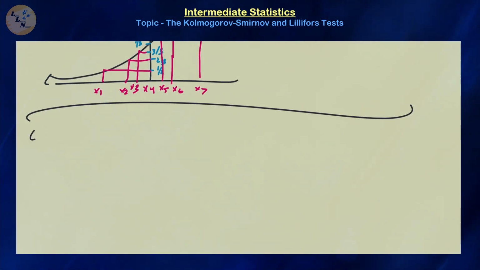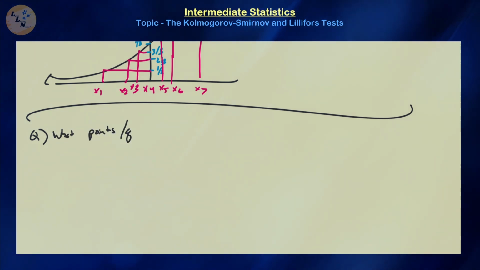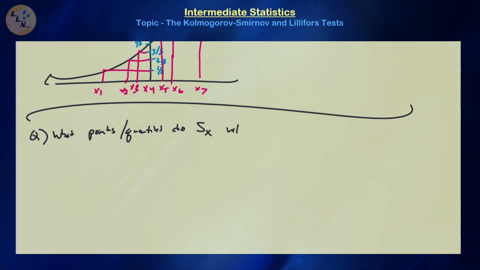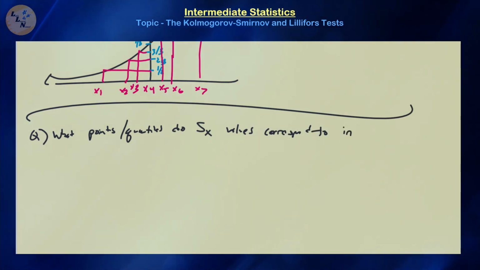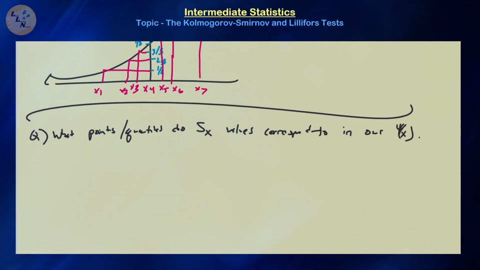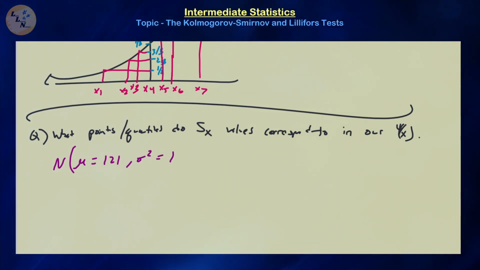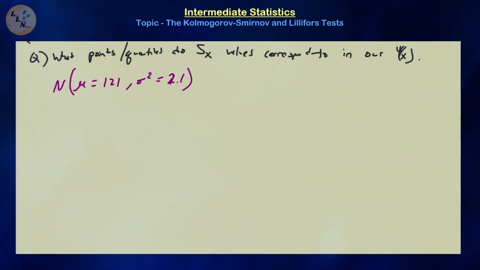So let's ask a question that we need to answer: what points, or rather quantiles, do the sample values correspond to in our proposed cumulative density function psi? Remember, our distribution that we're sampling from is a normal distribution with a mean of 121 and a variance of 2.1. So let's make a little table to organize all our values.